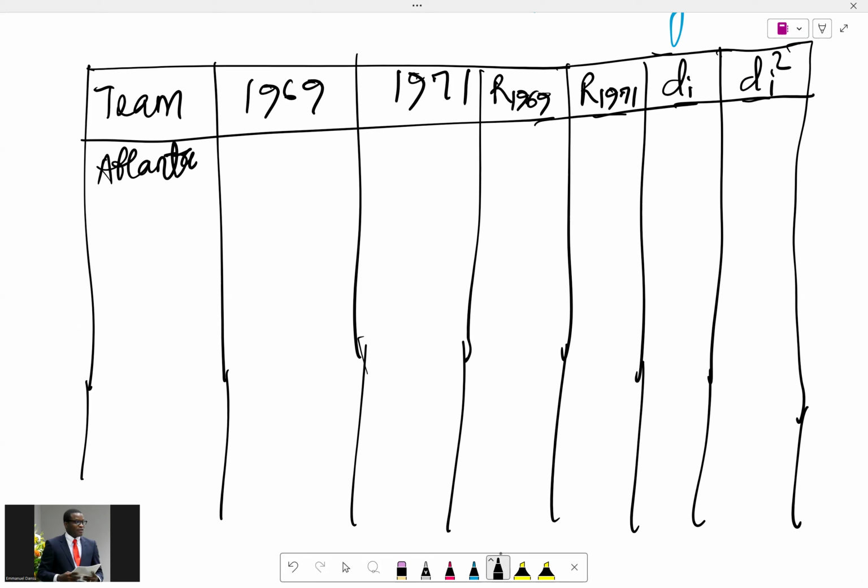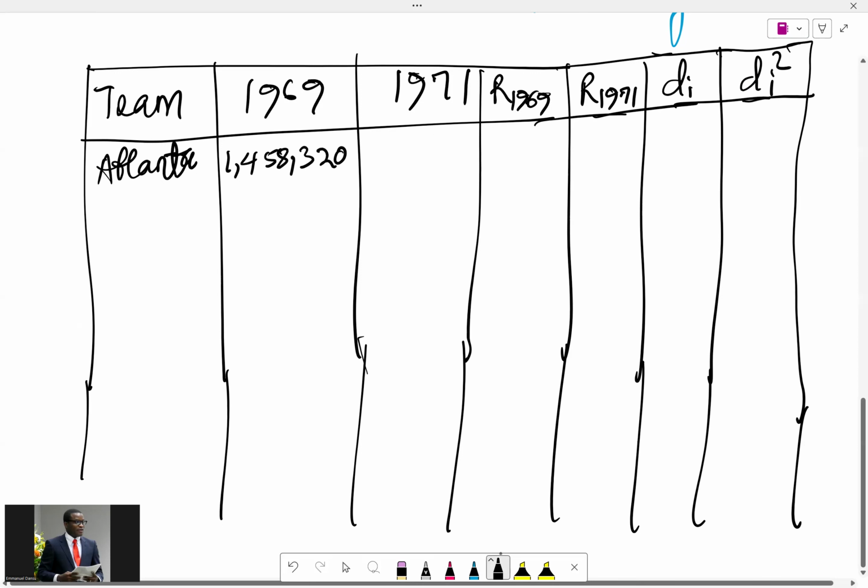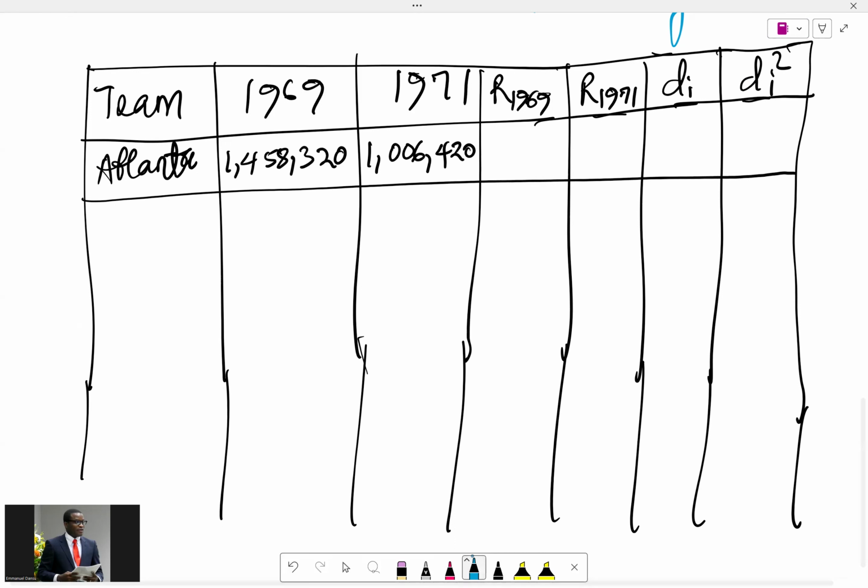For 1969, the attendance is 1,458,320. And in 1971, the attendance was 1,006,420. I'm putting the commas so that it will be easy to see how big the values are.